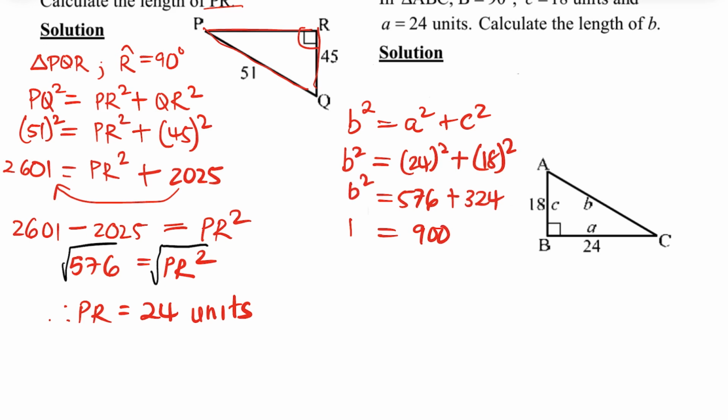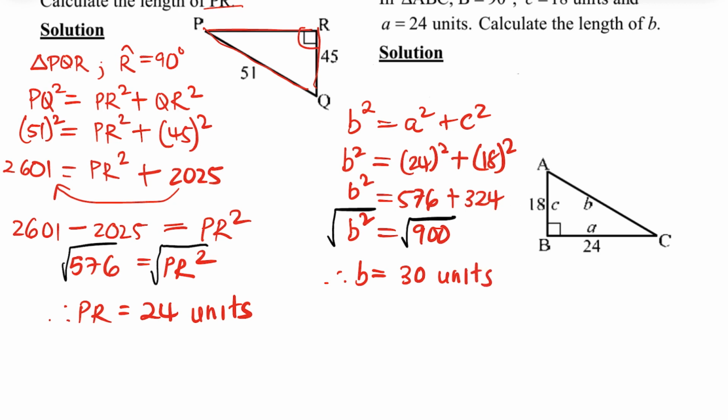Remember, this is still B square. We're looking for B. What do we do? We put the square root. So therefore B is equal to the square root of 900, which is 30. So the answer here is going to be what? 30. 30 what? 30 units.